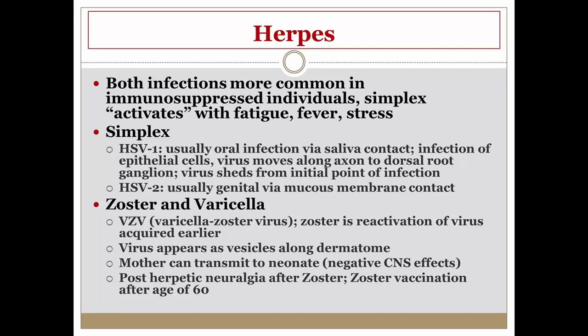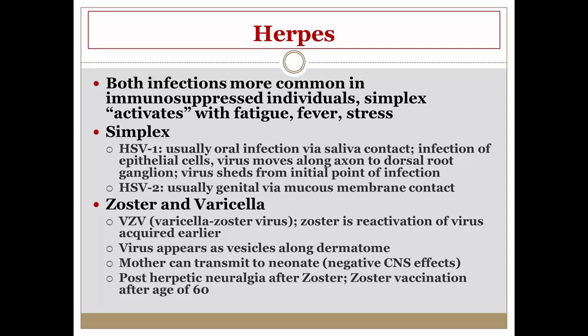Herpes simplex, there are two major strains, HSV1 and HSV2. HSV1 is usually an oral infection spread via contact with the saliva. This causes an infection of the epithelial cells, and the virus moves along an axon to a dorsal root ganglion.